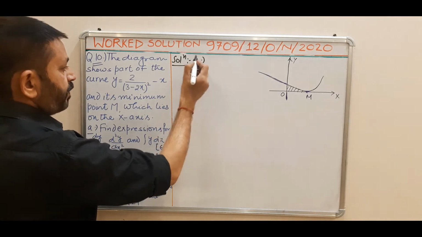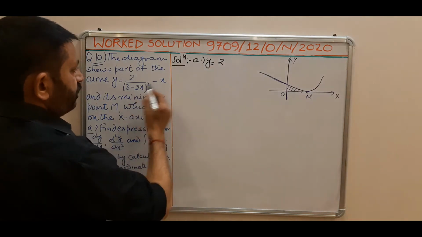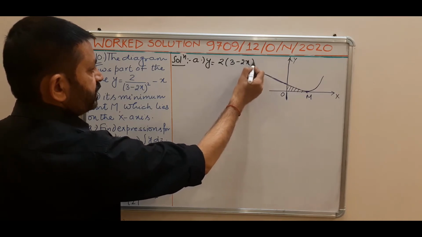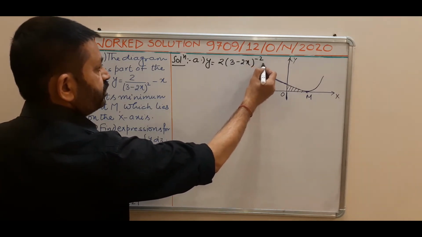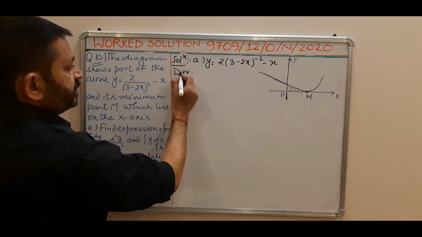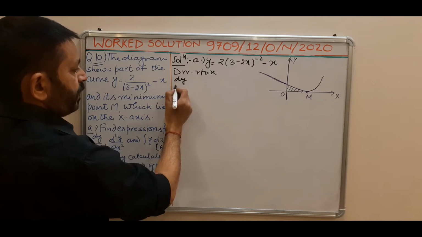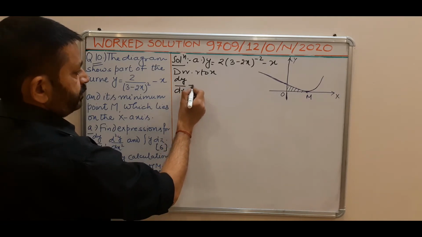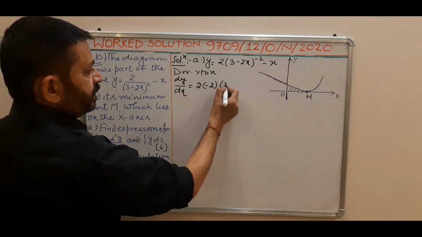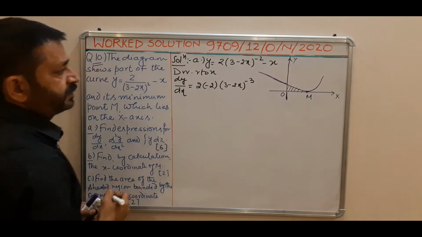A part. So y is given as 2 upon (3 minus 2x) whole square, so we can write it as 2 times (3 minus 2x) to the power minus 2, minus x. First differentiating this with respect to x to get dy by dx. 2 as it is, minus 2 and (3 minus 2x) to the power minus 3.